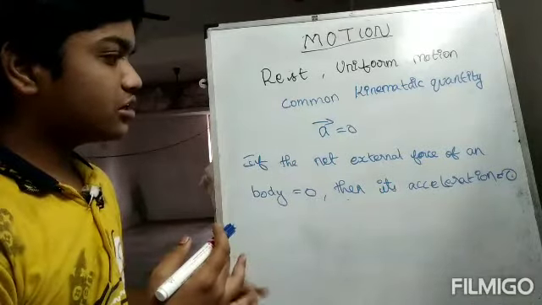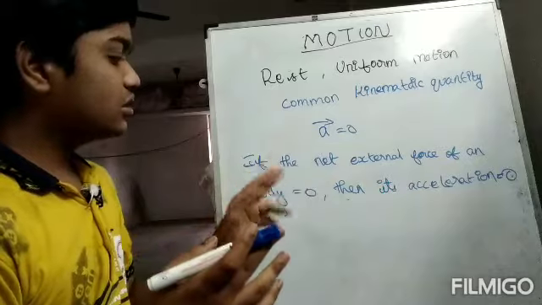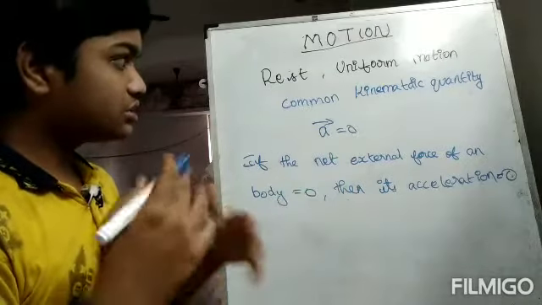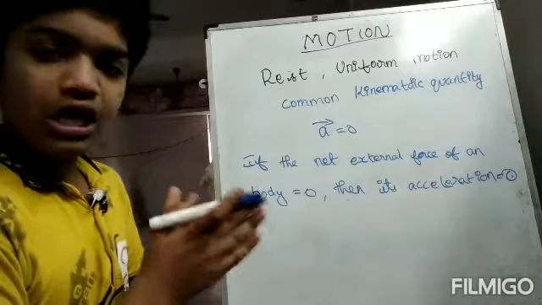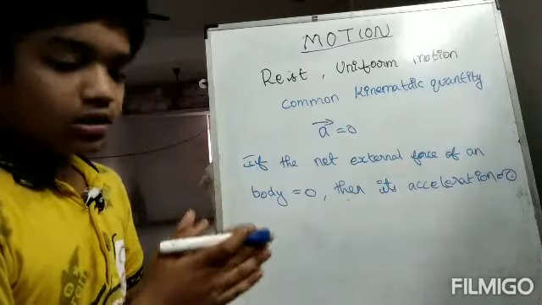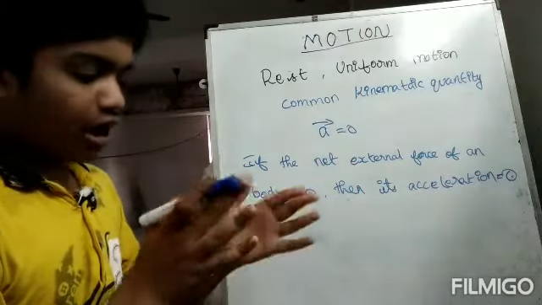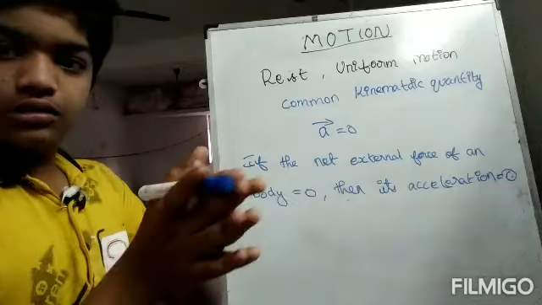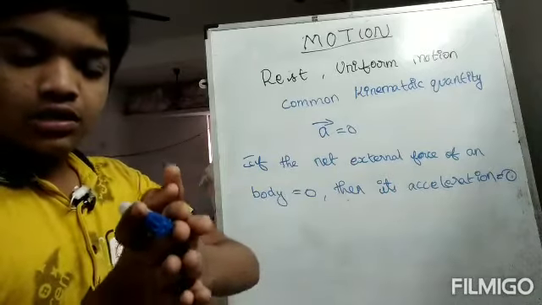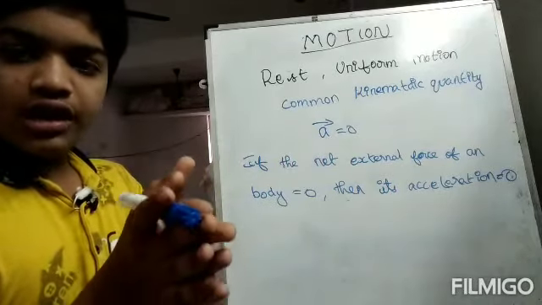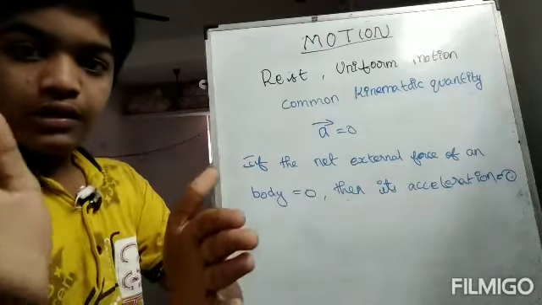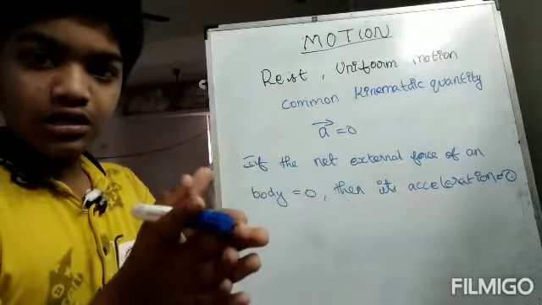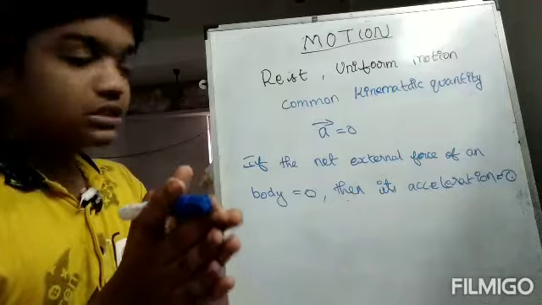If the net external force, if the two forces are equal, the body will be at rest. If I press this side with this hand and this hand with the other hand, if the hand doesn't move, the force is equal in opposite direction, so it is equal.